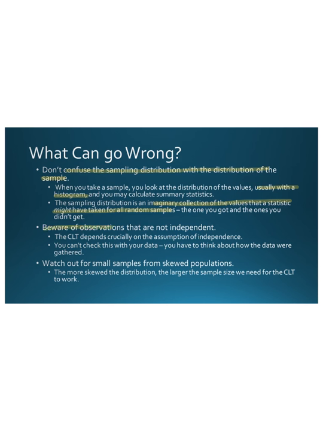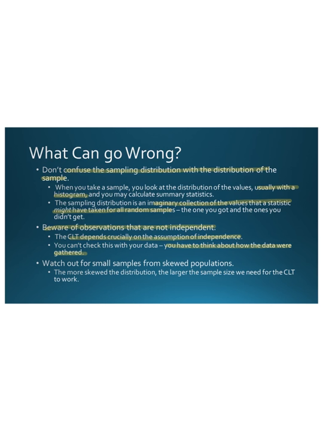Beware of observations that are not independent. Remember, the central limit theorem depends crucially on the assumption of independence. You can't check this with your data; you have to think about how the data were gathered. In our dice activity, each die is independent of the others because we assume they are all fair, so each roll is independent.